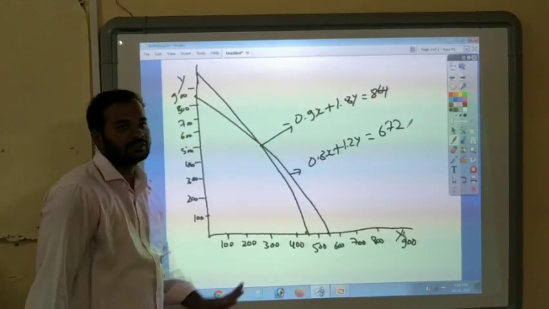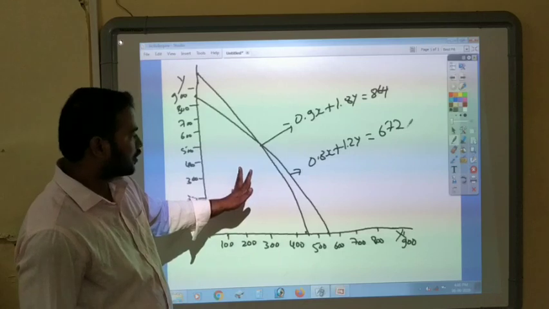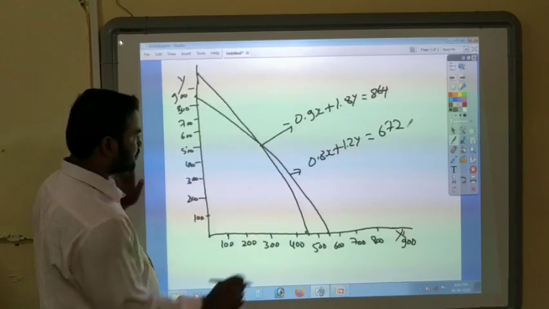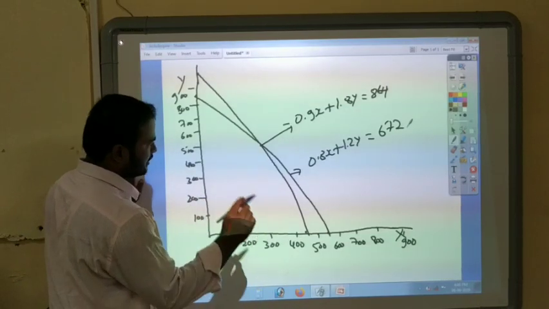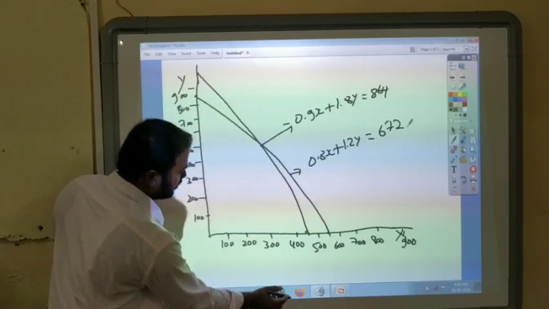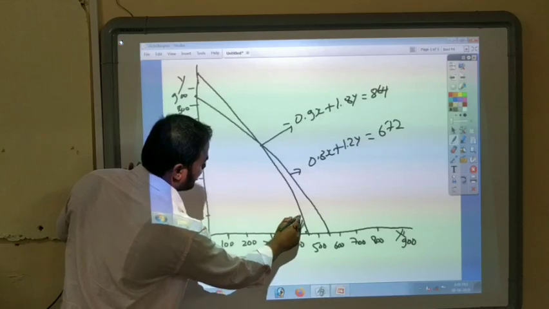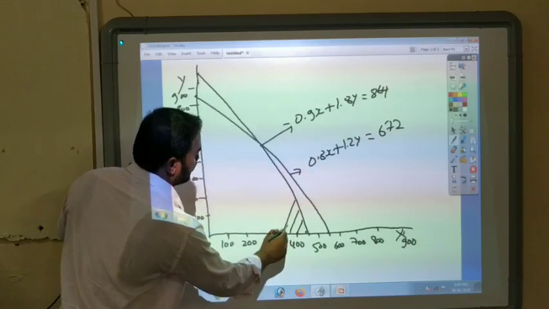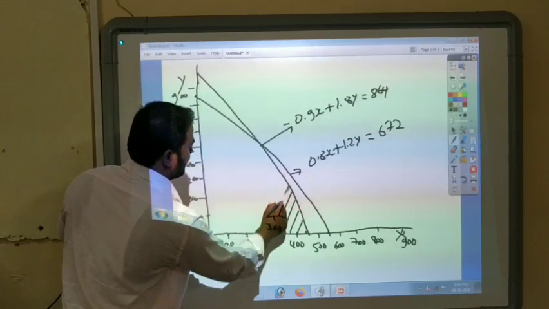The feasible region is the region where four corner points are connected. Here the feasible region is here. This is the feasible region. So four corner points were connected.